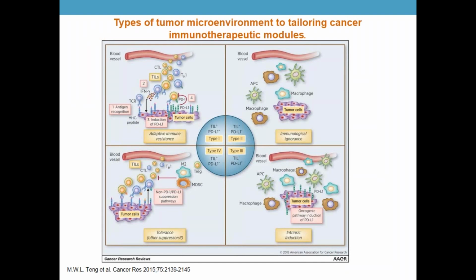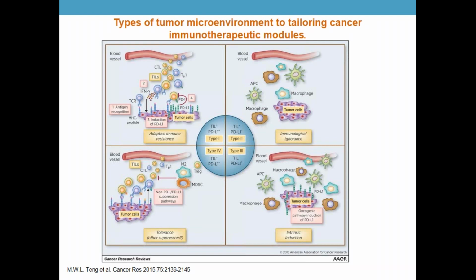we can subdivide our tumors into 4 groups. And remember, this is only on the basis of PD-L1 expression, something that a lot of people are now doing to decide how helpful it will be to use pembrolizumab, for example, in a particular tumor.